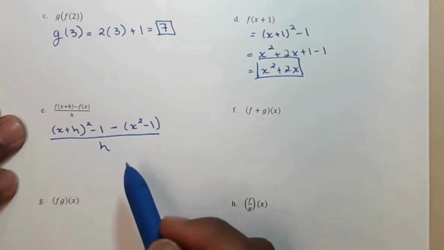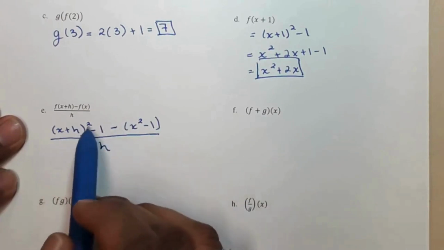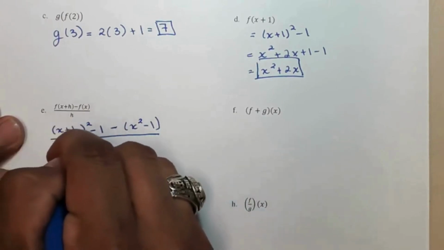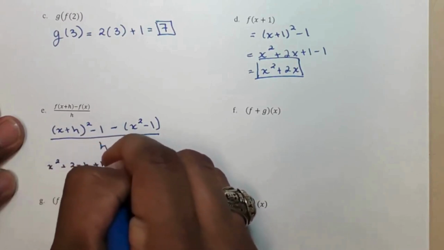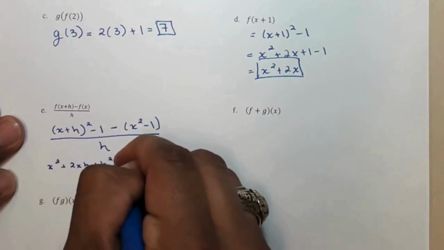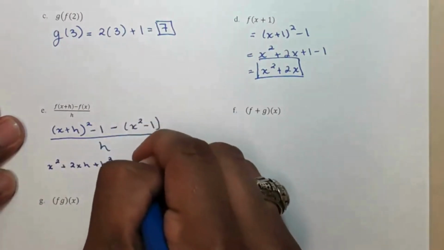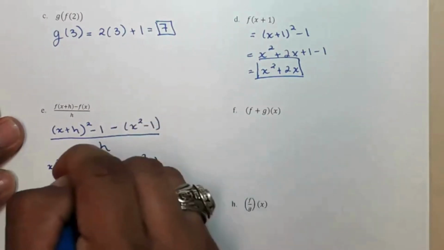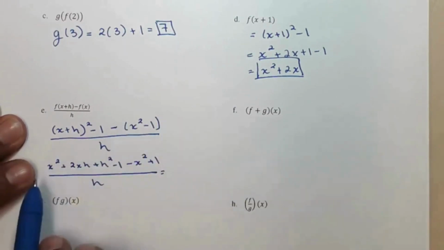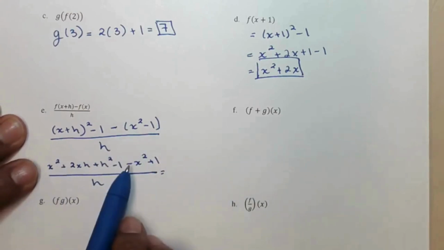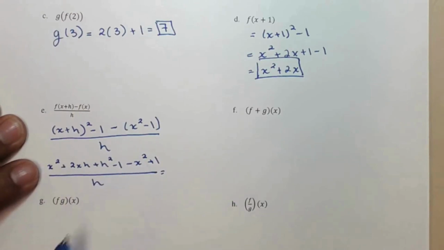So let's fully simplify this problem. So (x plus h) squared is going to be x squared plus 2xh plus h squared. And then we have that minus 1. And I'm going to distribute the negative into that and then divide it all by h. Well, I can simplify this top. The x squared minus x squared cancel each other off. The minus 1 and the plus 1 end up canceling off.